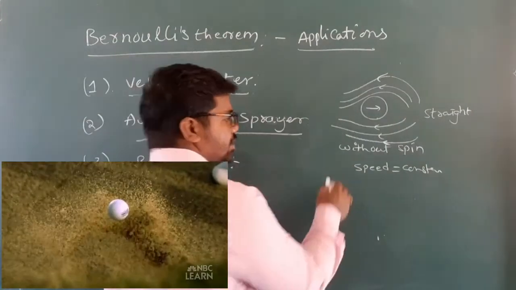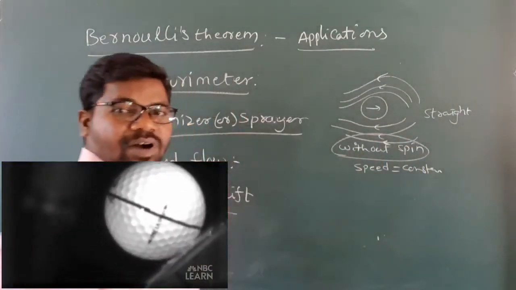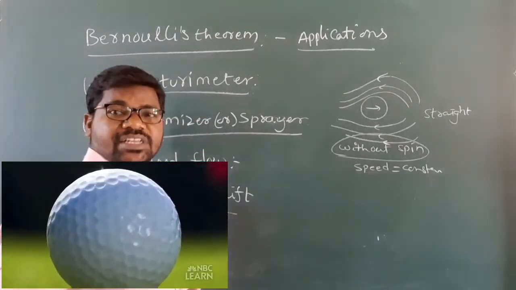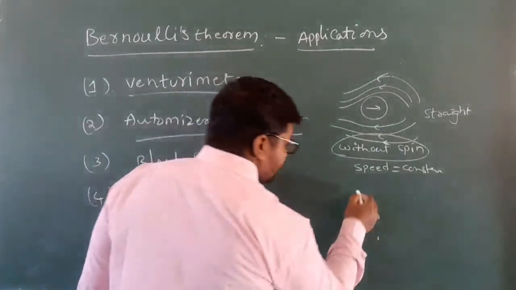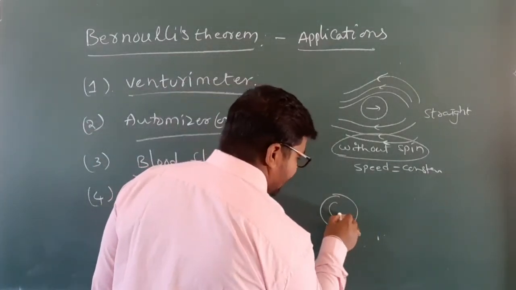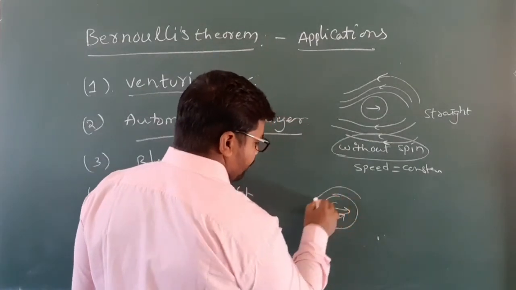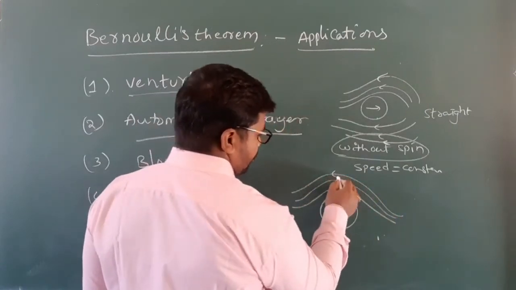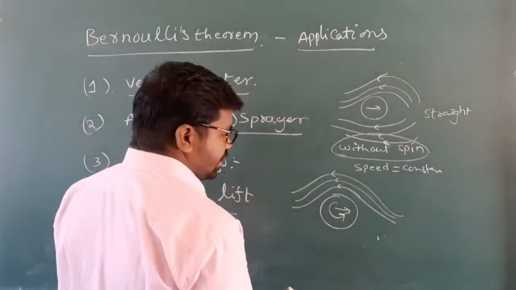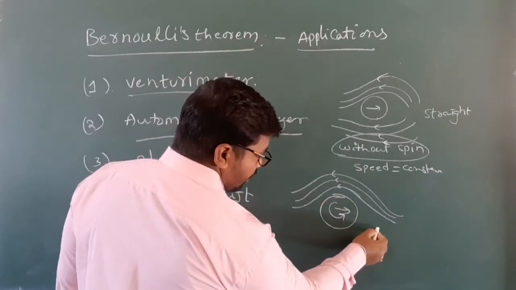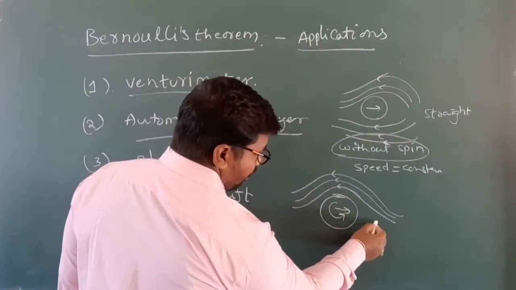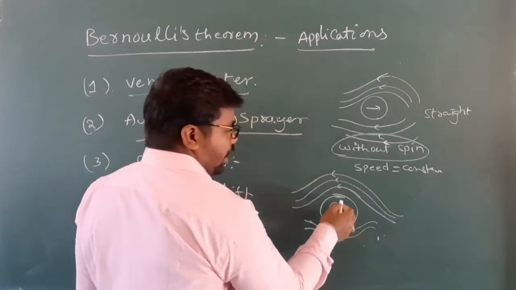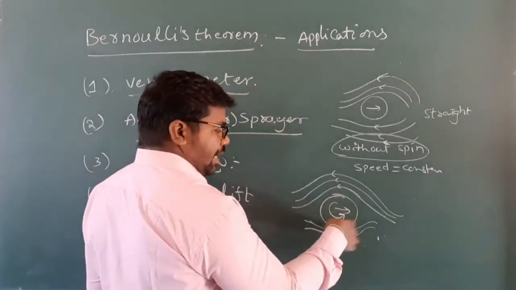Understand? If the ball is spinning, what happened? If the ball spins like this, what happens?